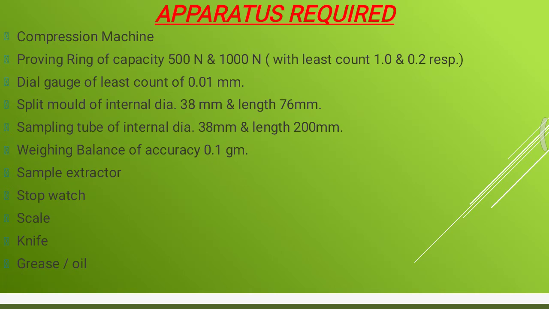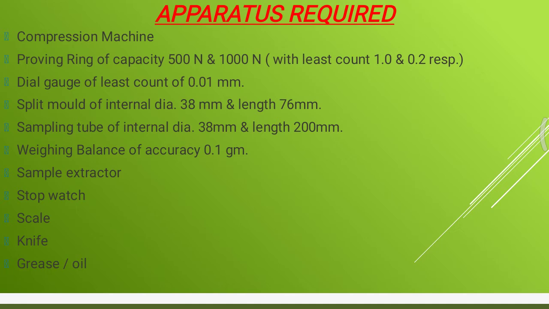Then, the apparatus required for the test. First one is a compression machine, then a proving ring of capacity 500 Newton and 1000 Newton with least count of 1.0 and 0.1 respectively. Then a dial gauge with least count 0.01 mm.